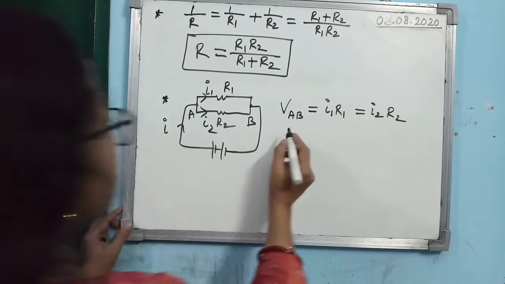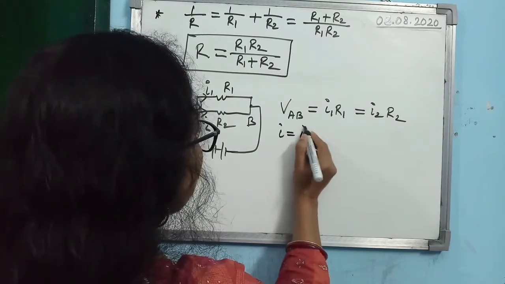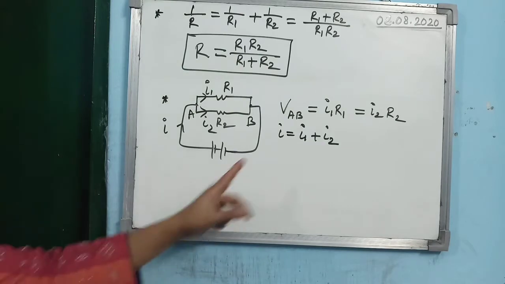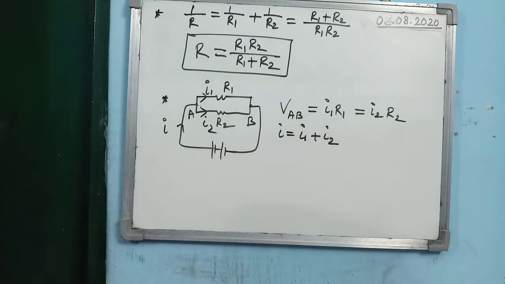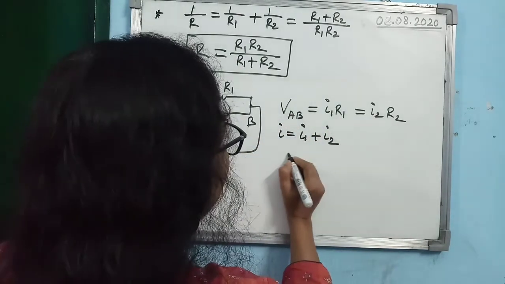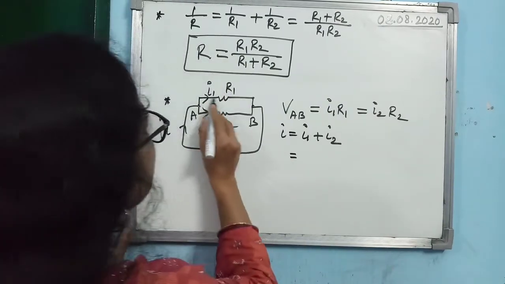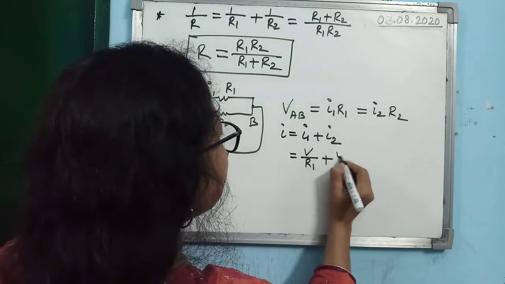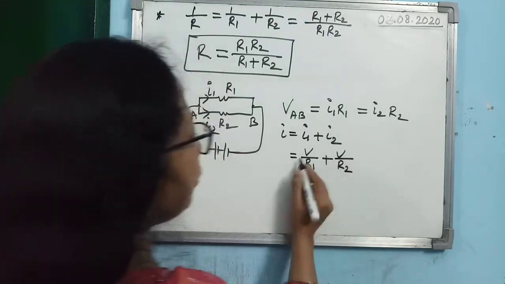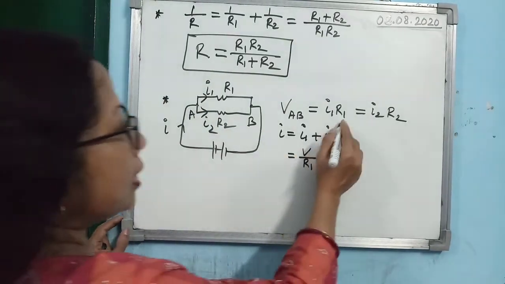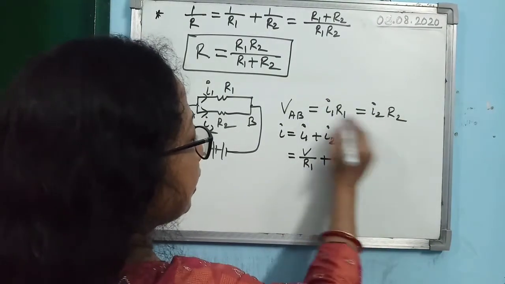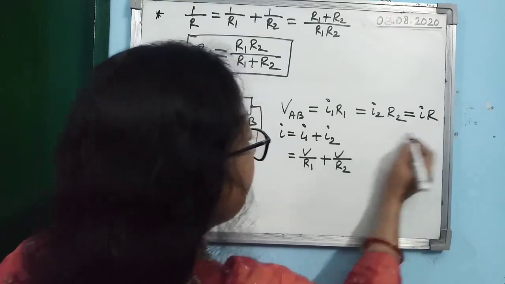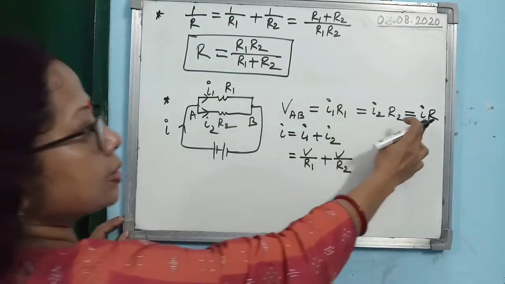Now consider that I is equal to I1 plus I2. Now I1 you can write as V by R1 and I2 you can write as V by R2. Now from this other relation, VAB is equal to I into the total resistance.